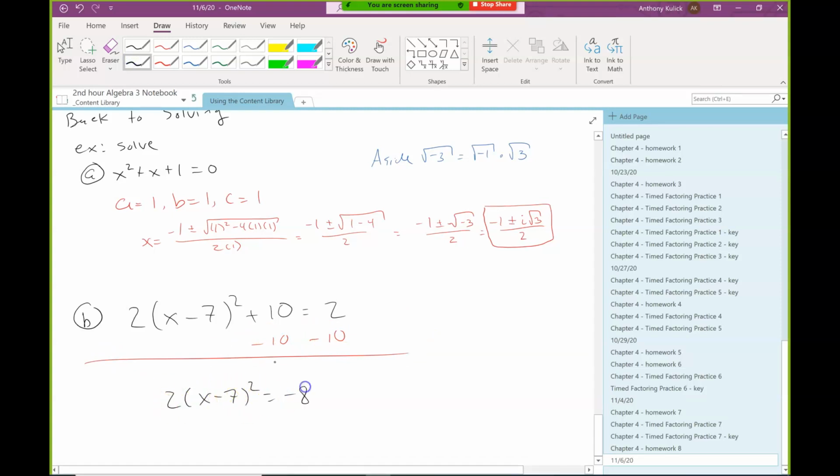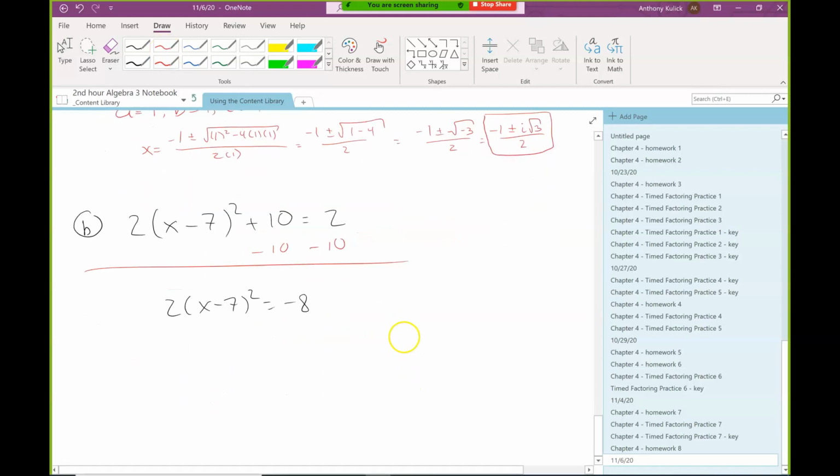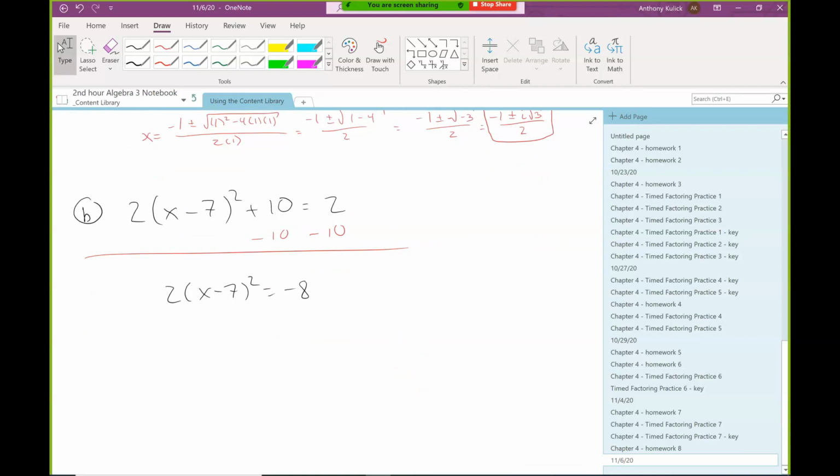Great, then we'll divide both sides by negative 2. Next up would be to square root both sides. Because we've square rooted both sides, that creates a plus or minus.